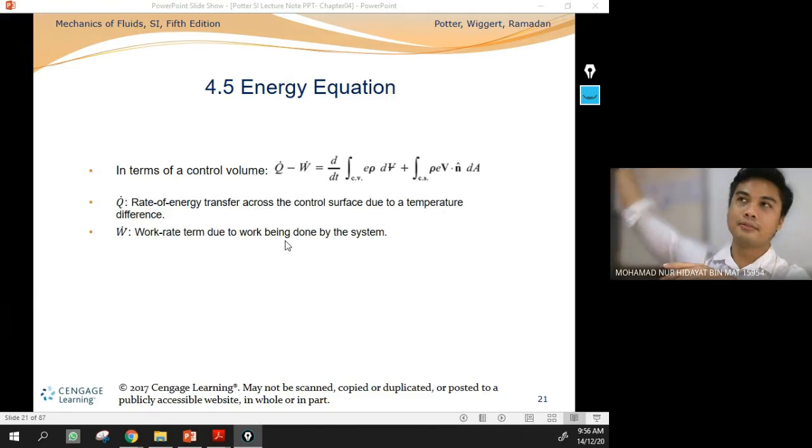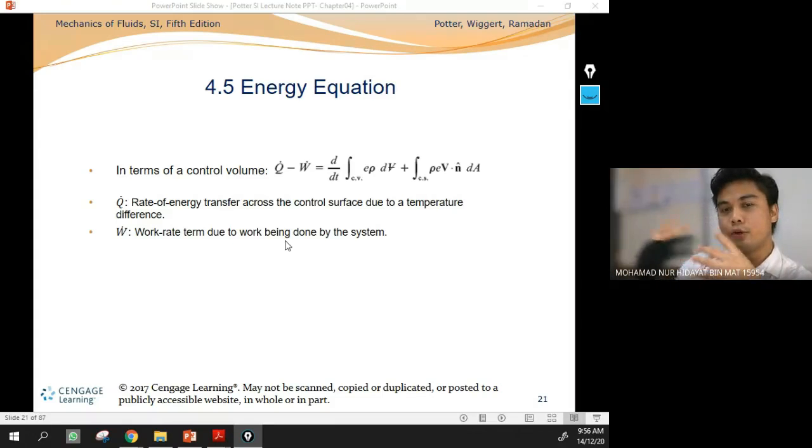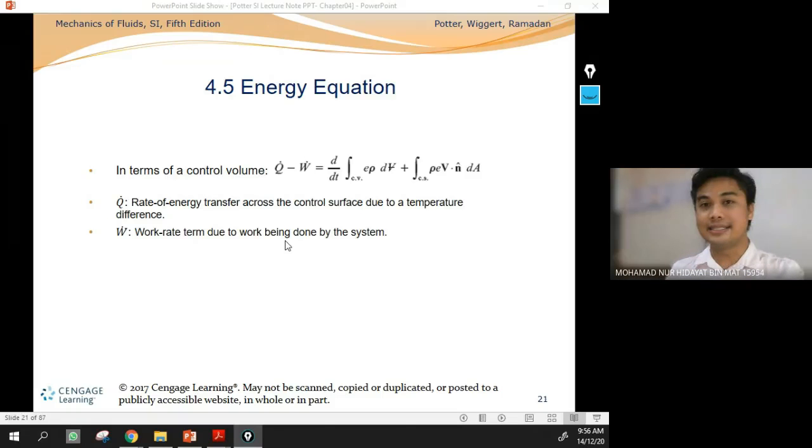For example, there is water flow hitting the blade and producing work. So the system produces the work, so it releases the energy. When it releases the energy, it is negative. When it receives the energy, for example it receives heat energy, it is positive.